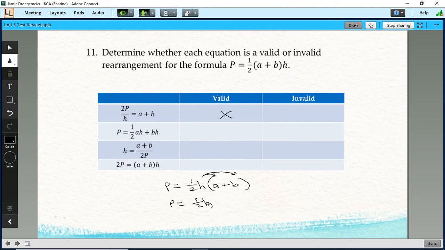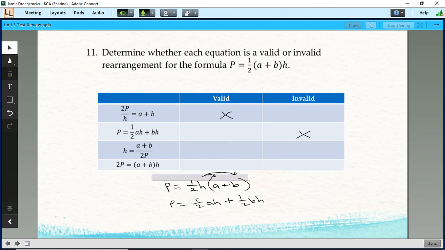So that would be 1/2 HA or AH. And then I would also have 1/2 BH. And so this one would be invalid because they did distribute the H, but they only distributed the 1/2 to that first term. It would also need to be distributed to that second term. So that's the mistake or the problem with that one.